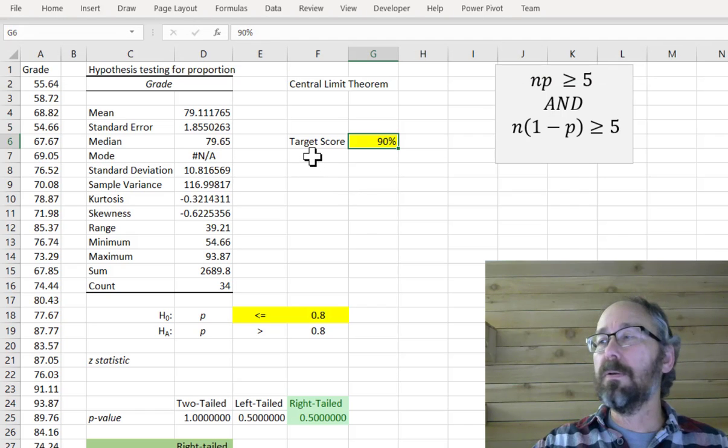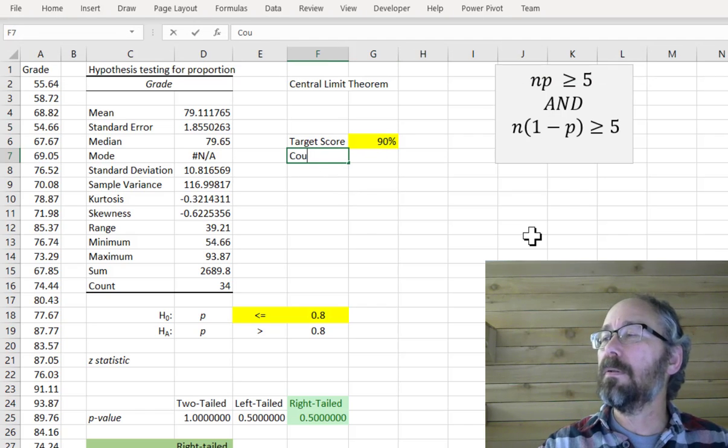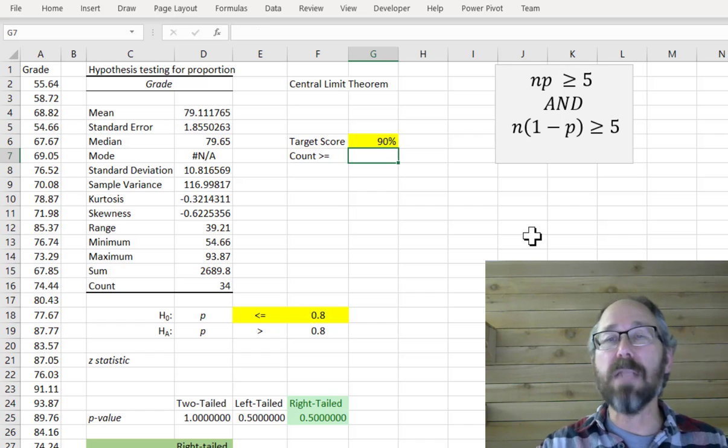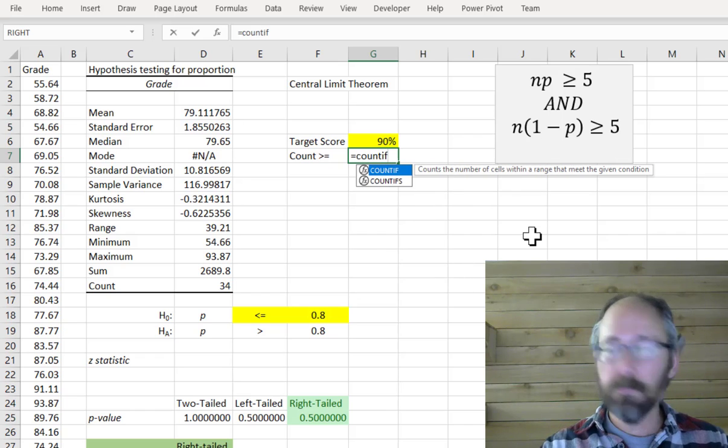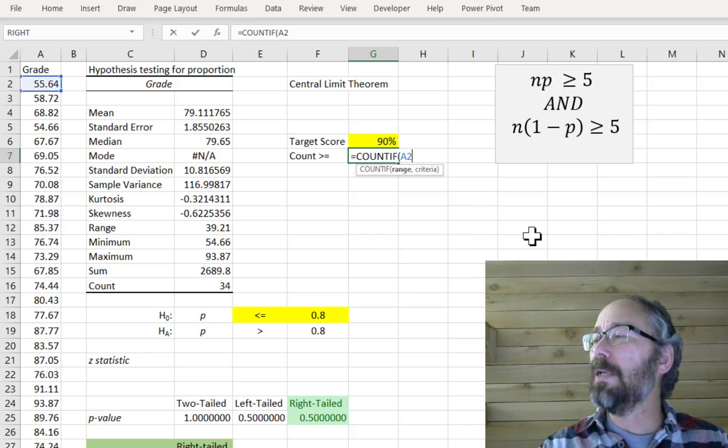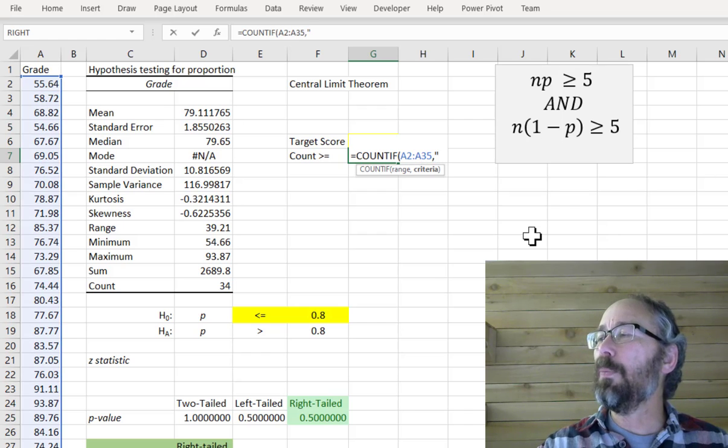Now what we want to know is the count of all those grades that are greater than or equal to, in this case, 90%. So we'll use a countif, and the range will be all of our grades. And the criteria will be this greater than or equal to.